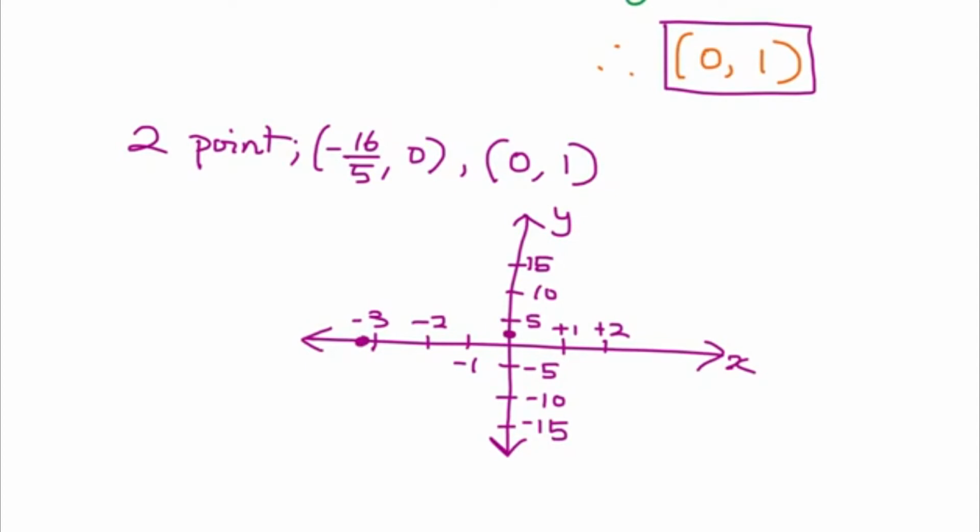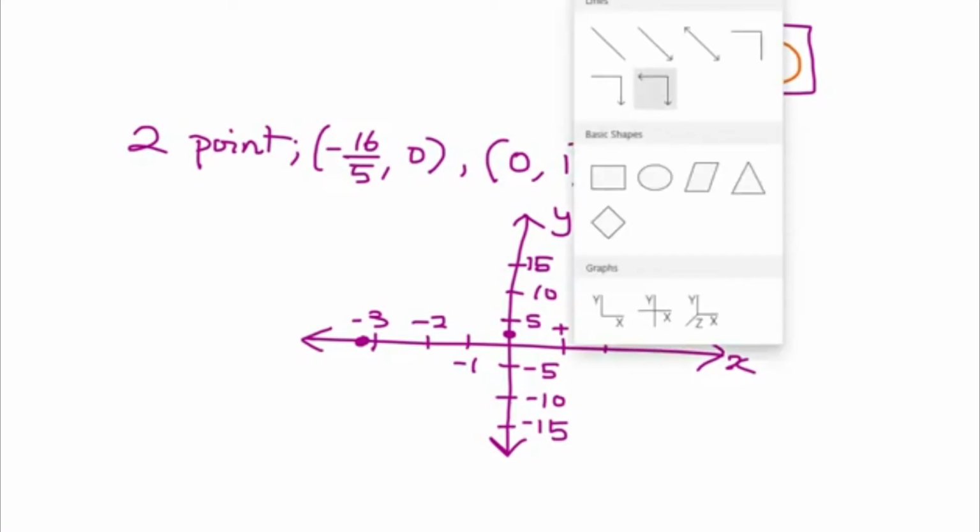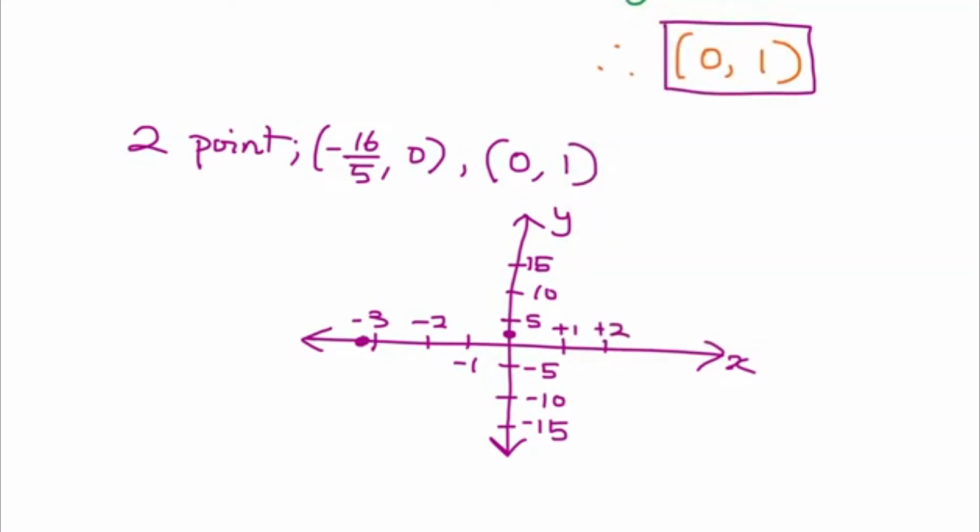And once you draw your line, this should be your graph. So if we have our graph right here, start from here, and we just draw our line all the way, that is your graph over there.